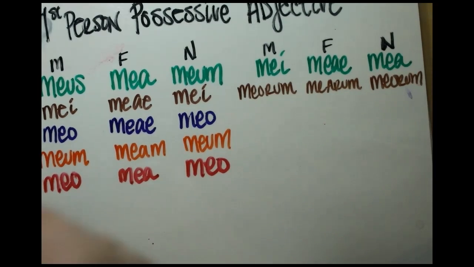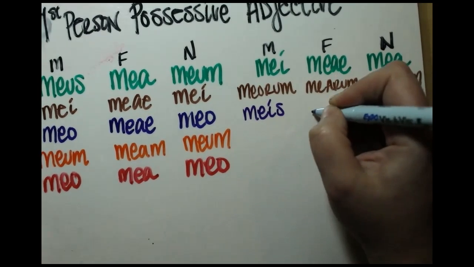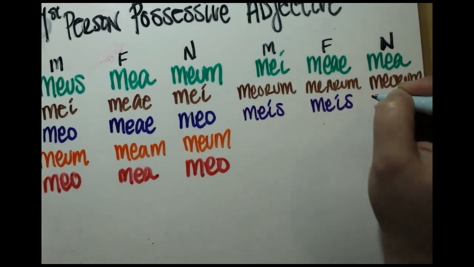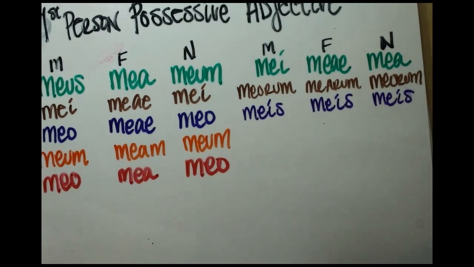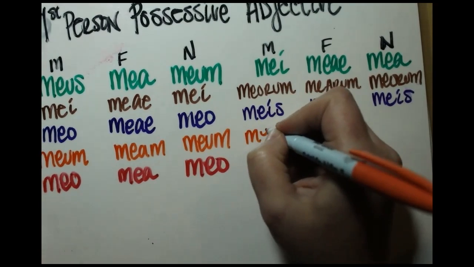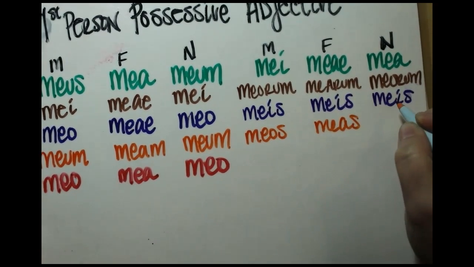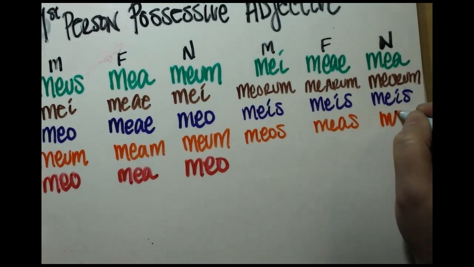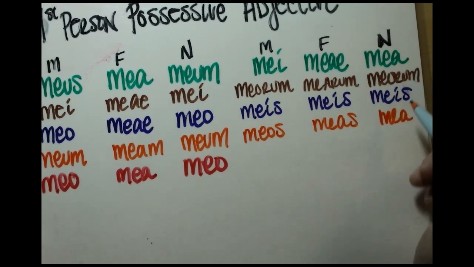In the dative, we have the same thing across the board, meis, meis, meis. In the accusative, we have meos, meos, and then mea. Just remember, neuter always repeats the nominative form in the accusative.